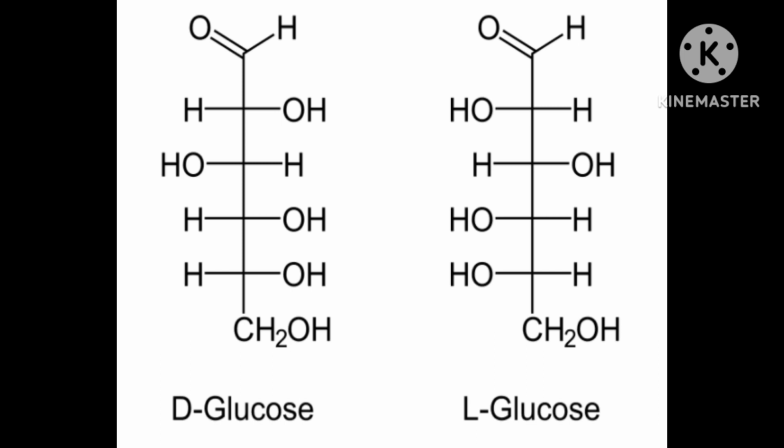Glucose is an aldohexose and is also known as dextrose. Glucose has two more names. First thing, glucose is an aldohexose, and it is also known as dextrose.